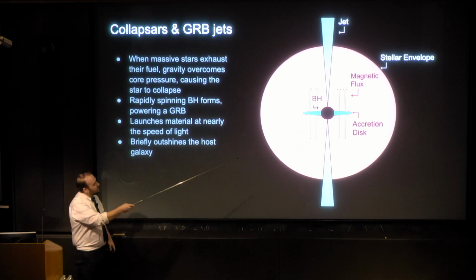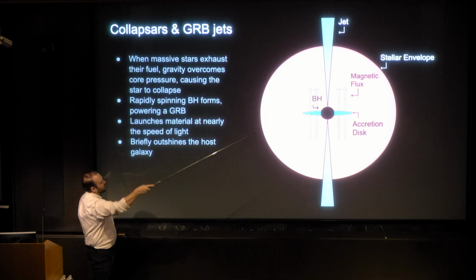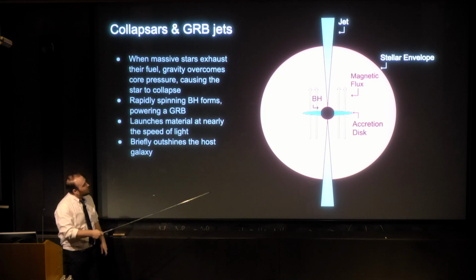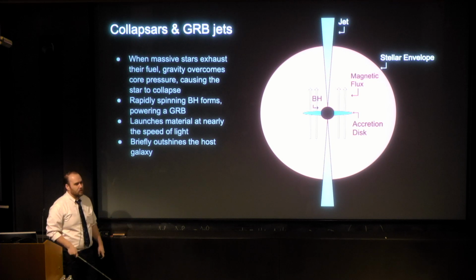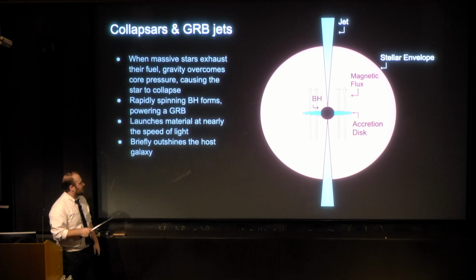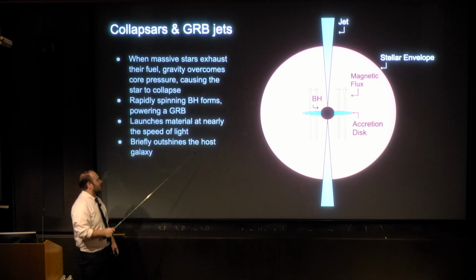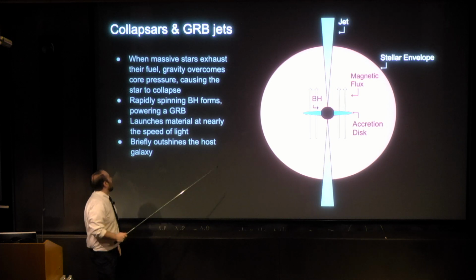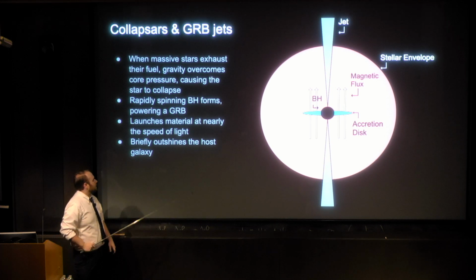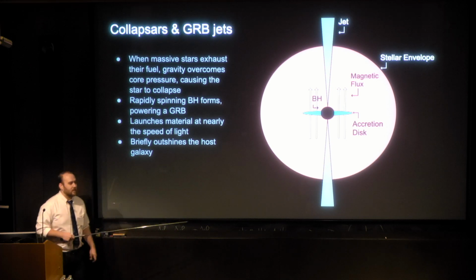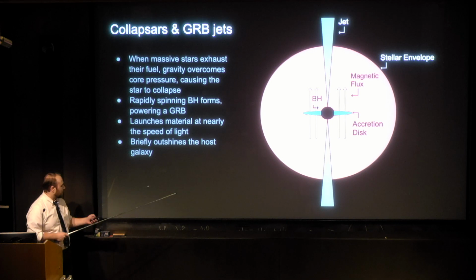A fire hose of material is launched as material falls onto the black hole, both upwards and downwards along the axis of rotation. This material is launched at nearly the speed of light, and when these supernovas happen, they briefly outshine the host galaxy that they occur in.